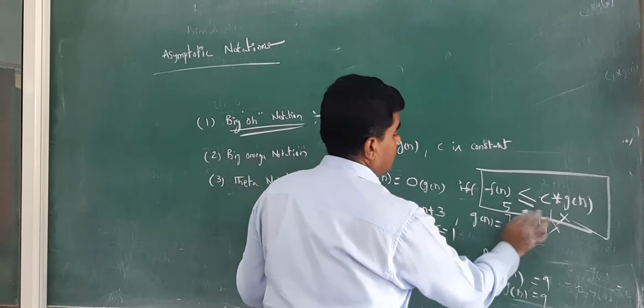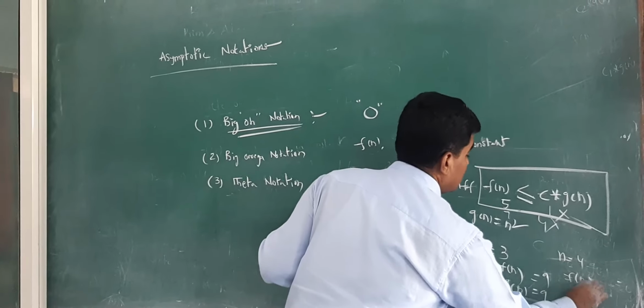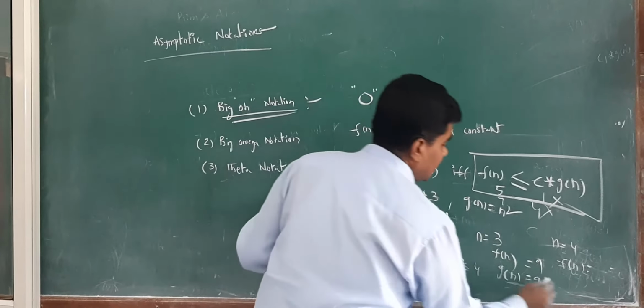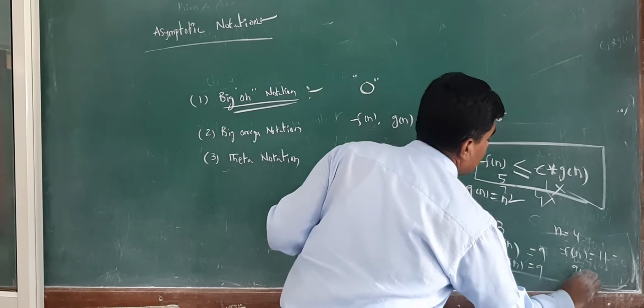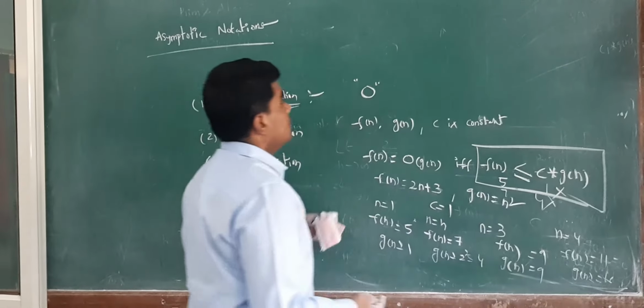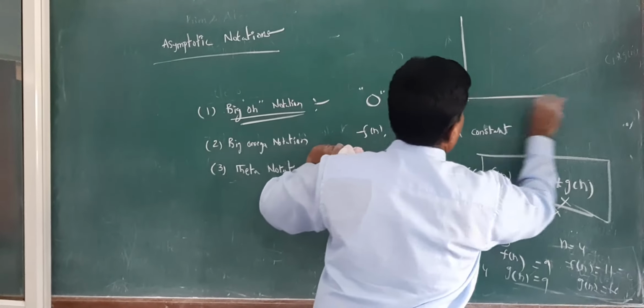So both are equal. Next, n equal to 4: f of n equals 2 into 4, 8 plus 3, that is 11, and g of n equals 16. Now the condition is satisfied. So from n equal to 3 onwards it satisfies our condition.